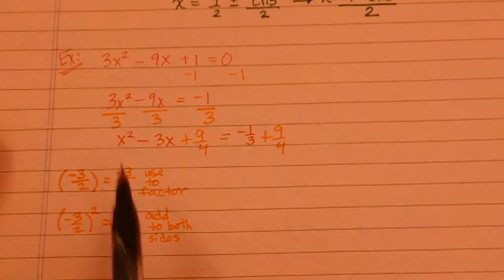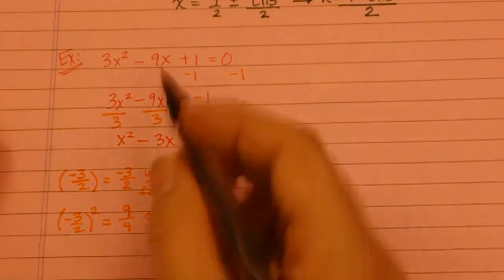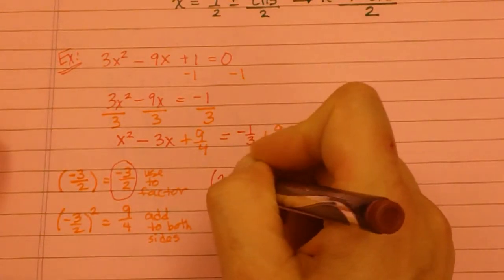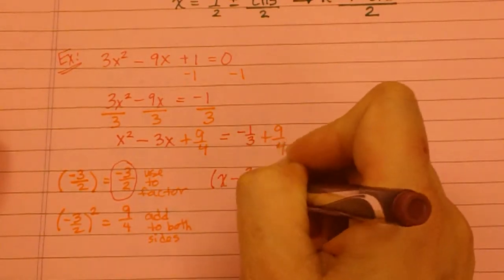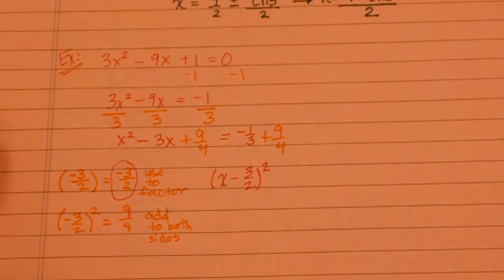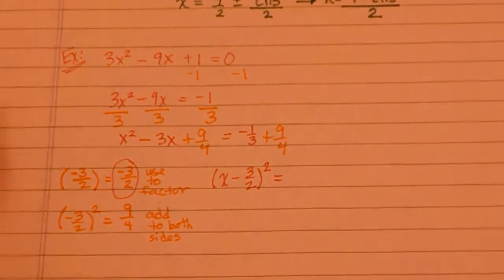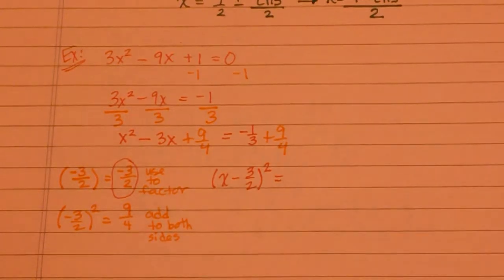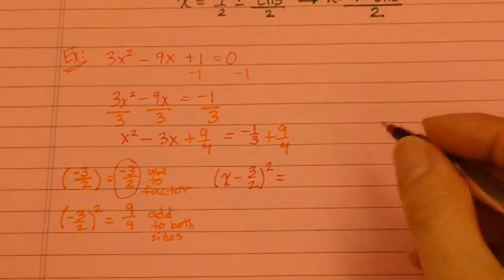My next step is going to be to factor this left side, which I'm using negative 3 halves to do. So that will be x minus 3 halves, parentheses, squared, equals, and I need to do negative 1/3 plus 9/4. In order to do that, I'm going to need like terms.